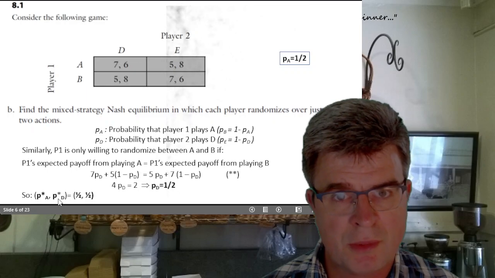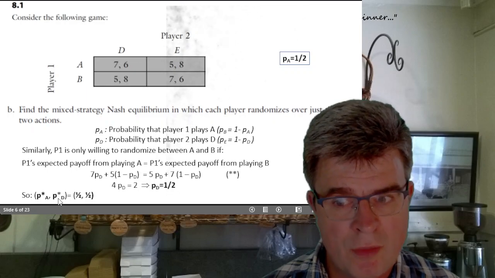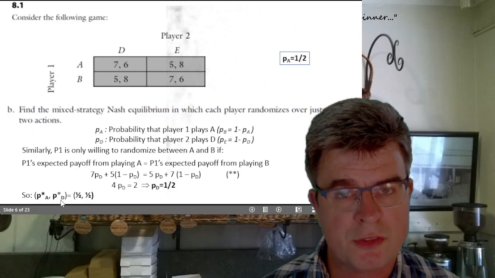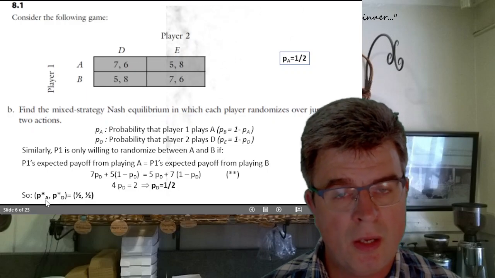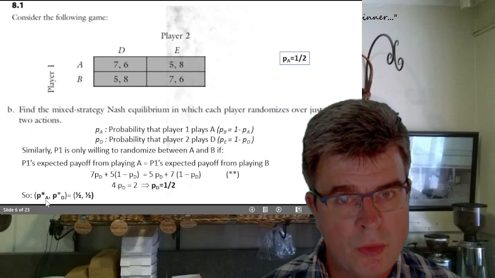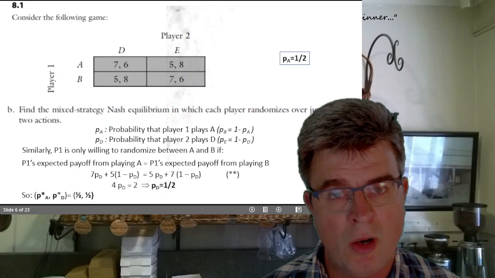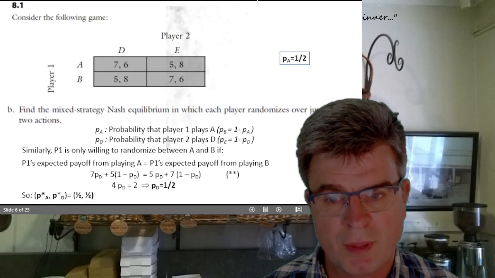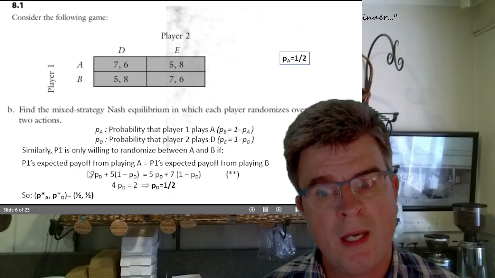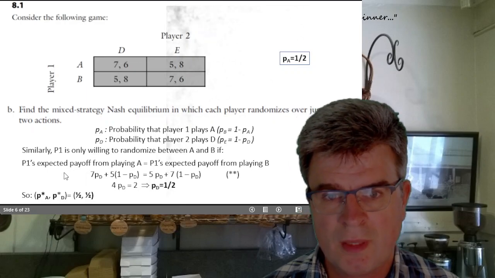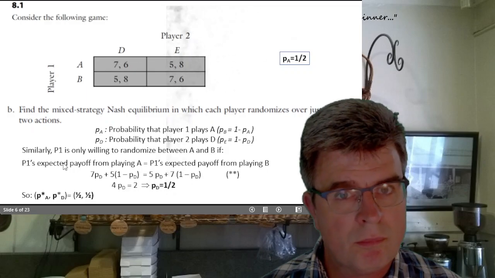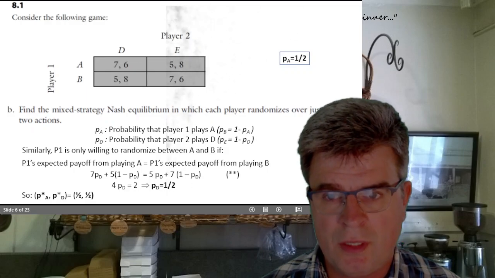Why is this a Nash equilibrium? Well, given that the other player mixes with probability 1/2, you don't have any incentive to deviate and choose a different probability of mixing. And this holds for both players at the same time. And that concludes question B.